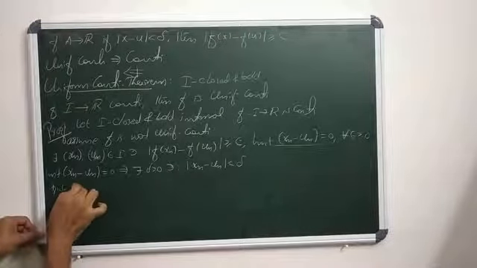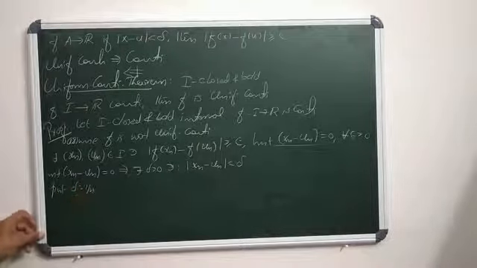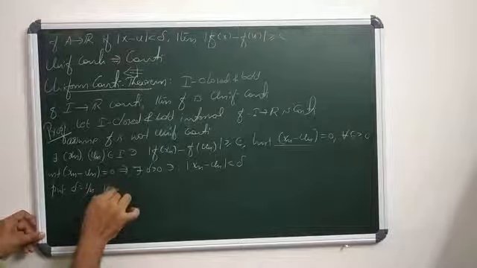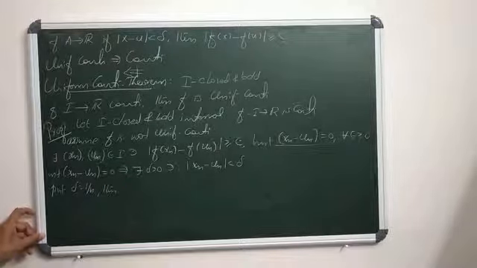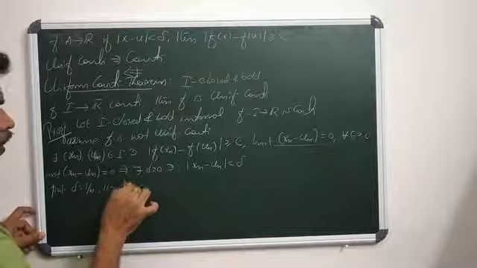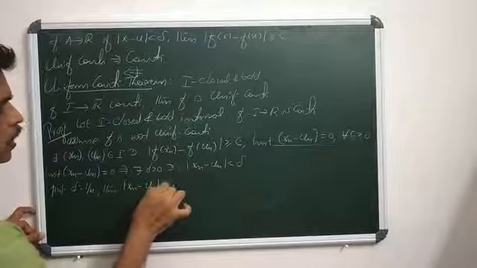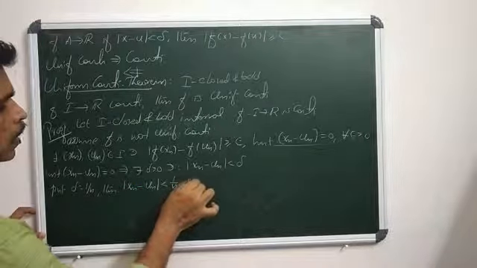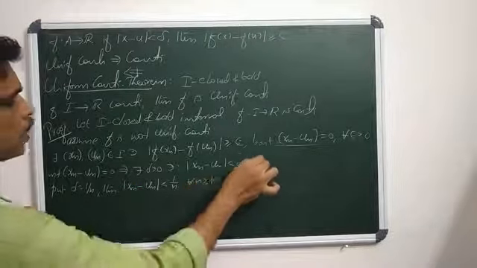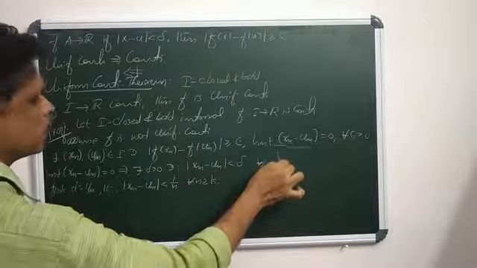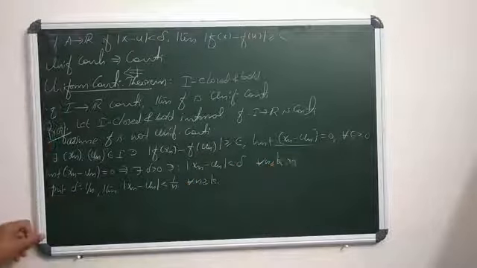Put delta equals 1 by n. Then what do you get? Modulus of xn minus un is strictly less than 1 by n for all n greater than or equals a particular stage k, where k is positive.